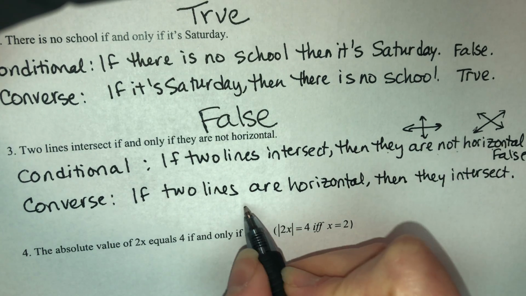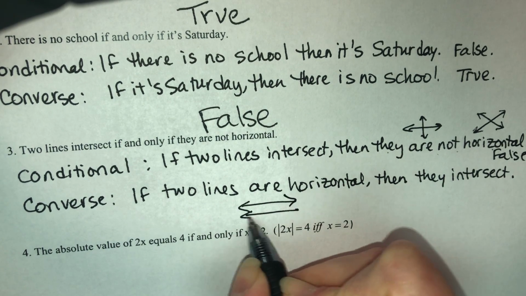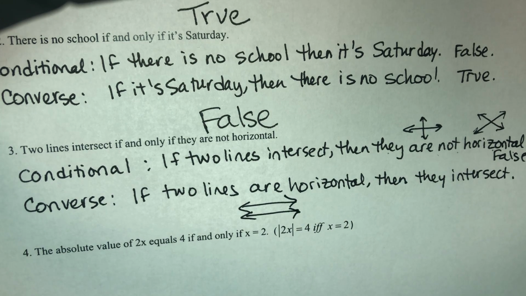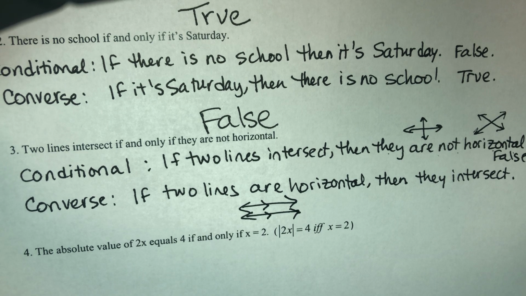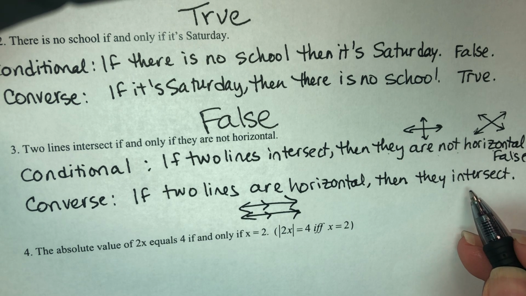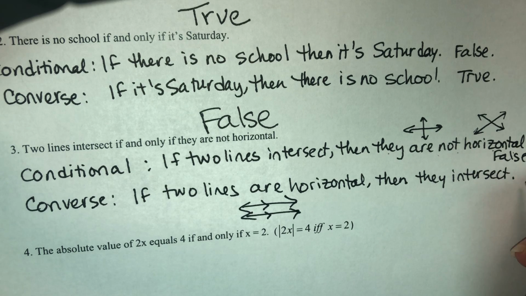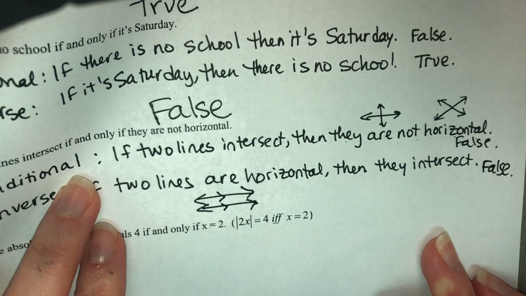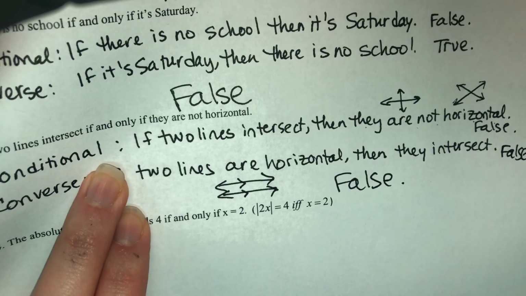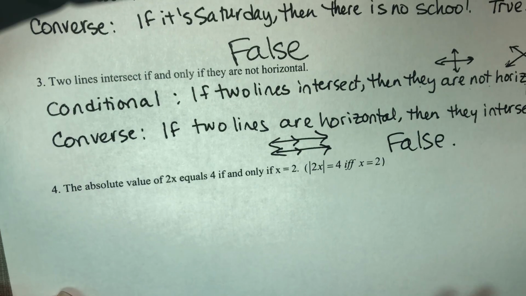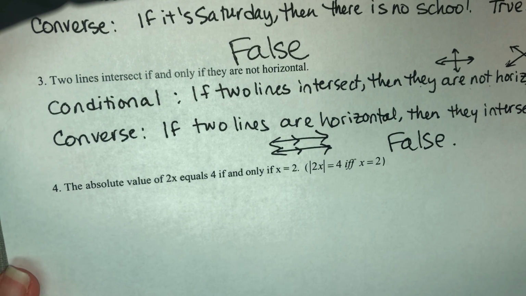Do they have to intersect? I see two lines, they're parallel, they are both horizontal, and they do not intersect. So, false. This statement is all kinds of baloney. It's just false. Not a true biconditional statement there.